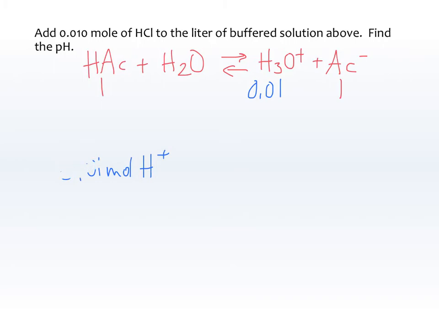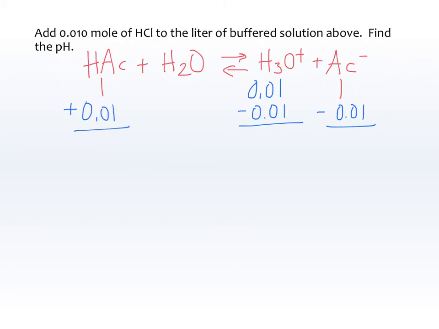What's going to happen when I put that H3O+ in is that H3O+ is going to react because it's a strong acid. It's going to react, that means it's going to turn into a reactant, with the Ac minus, since it's a 1-to-1 ratio, to produce HAc. So the H3O+ is going to go away completely.